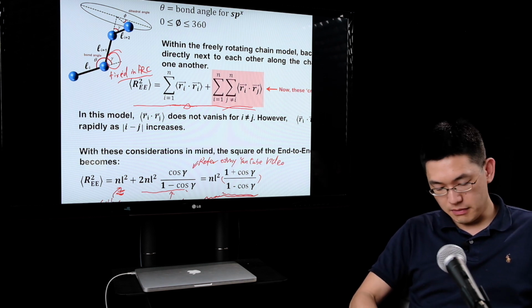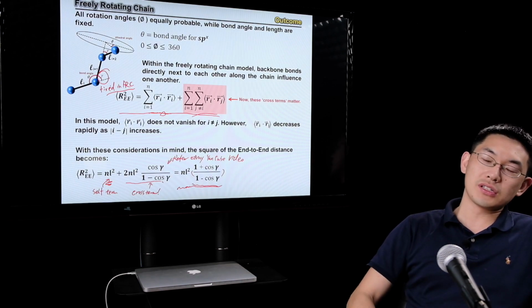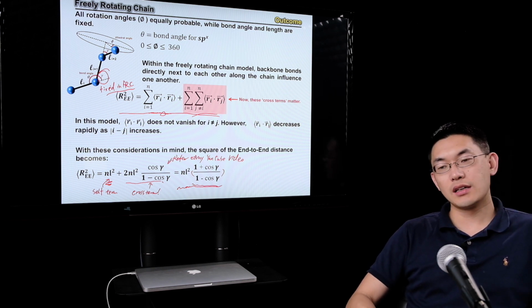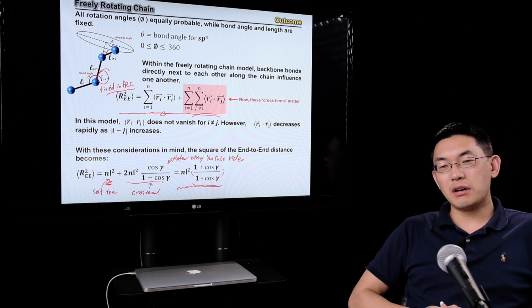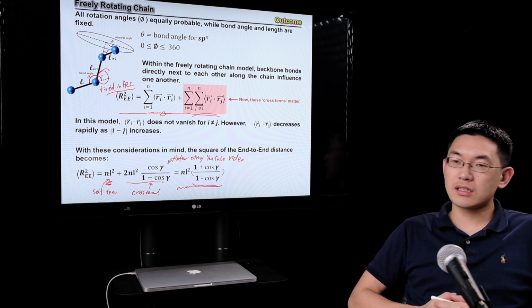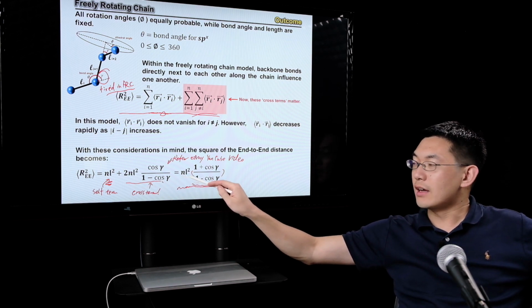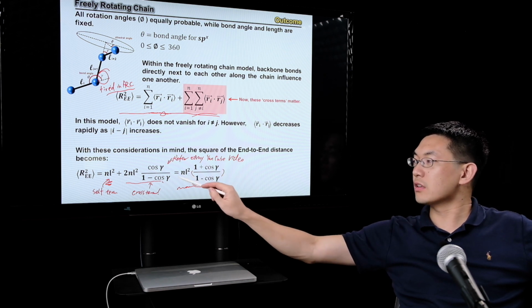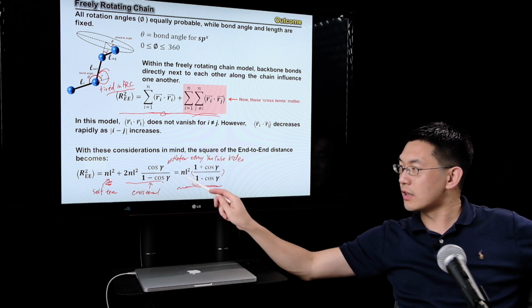Next, let's talk about this new finding. This now says that the bond angle starts to increase your core size. But what is important is that although there is an increase in the core size, your end-to-end distance is still proportional to NL squared, right? Although there is going to be a constant in front of it, R squared is still proportional to NL squared.